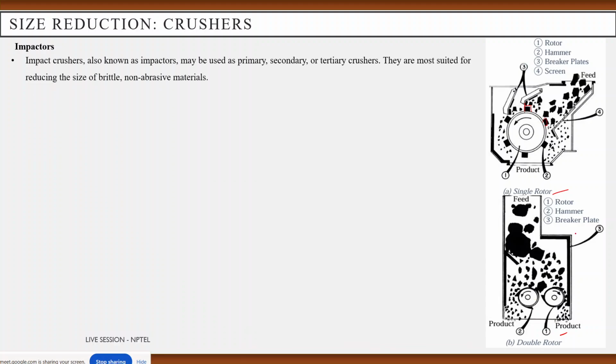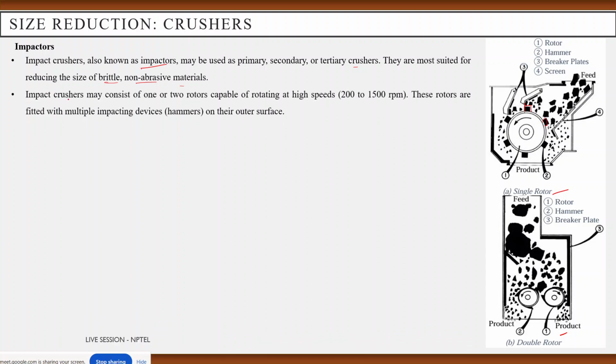So let's start. The impact crusher, which is also known as impactors, may be used as a primary, secondary or tertiary crusher. They are the most suited for reducing the size of brittle and non-abrasive material.